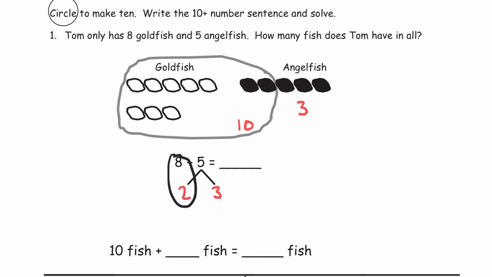The 8 plus 2. So now we have a group of 10. And then we have that group of 3 that's left over. So let's put that down right here. So we have our 10 plus 3. So we have 10 fish plus 3 fish equals 13 fish. Nice job. And make sure you write the 13 up here as well.